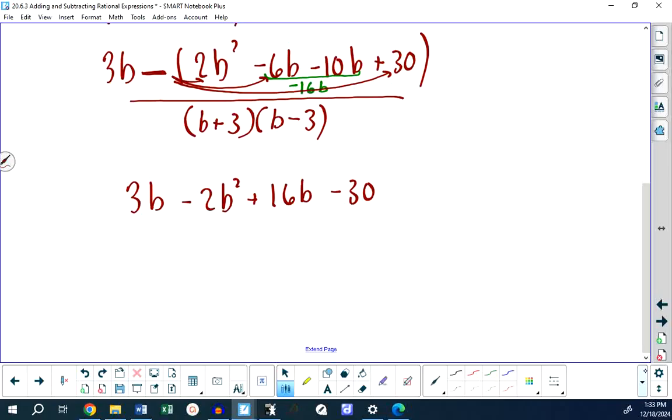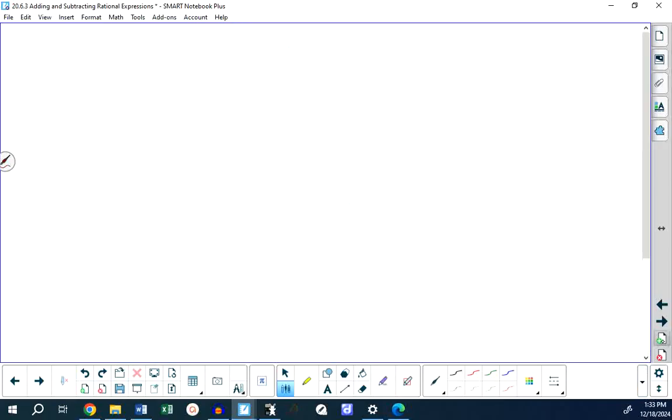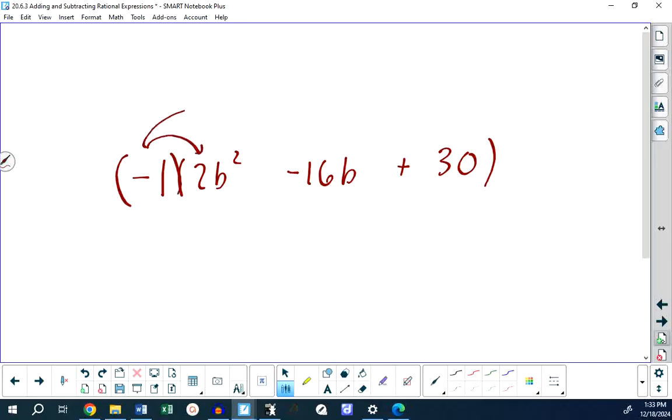How many of you were taught, let me explore this a bit more, that when you're subtracting a polynomial, you remove the brackets and change all of the signs? How many of you were taught that you can sneak a 1 in here and then take this negative 1 and multiply it through?